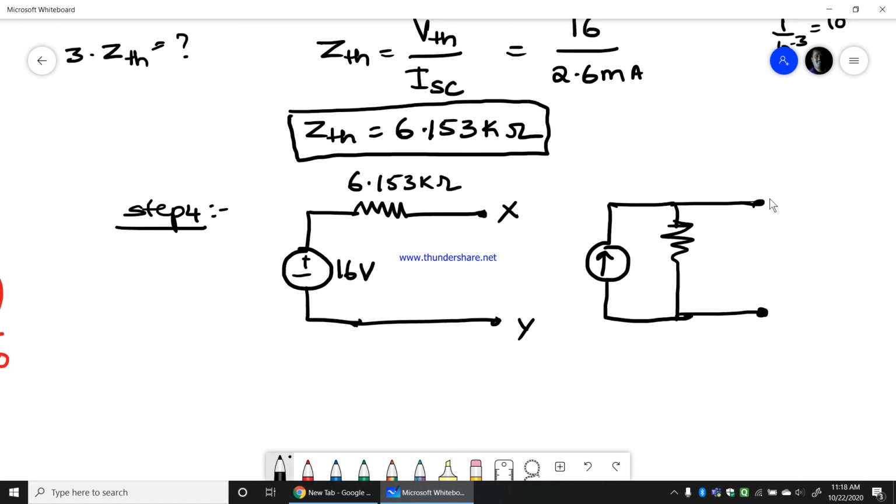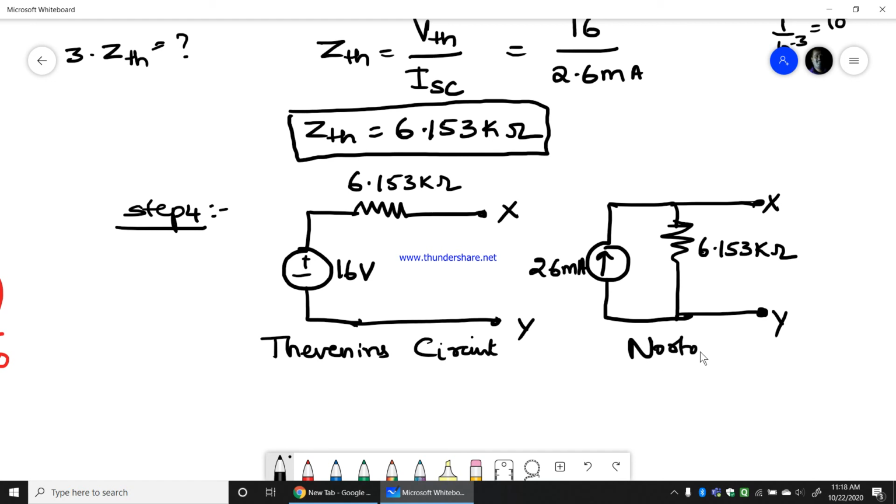This would be XY. This would be 6.153 kilo ohms, as ZTH and Zn are the same, and this current source value would be equal to 2.6 milliamps. So this is Thevenin's circuit. For the same question, if Norton is asked, this is the Norton circuit.